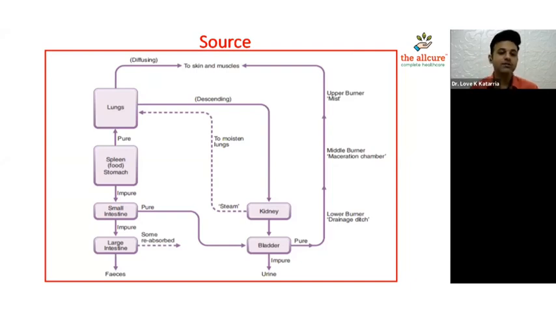Ascites is a condition in which there is a lot of accumulation of fluid in the abdomen, and it swells up like a balloon. If it's too much, then you have to tap out the excess water from the abdomen.